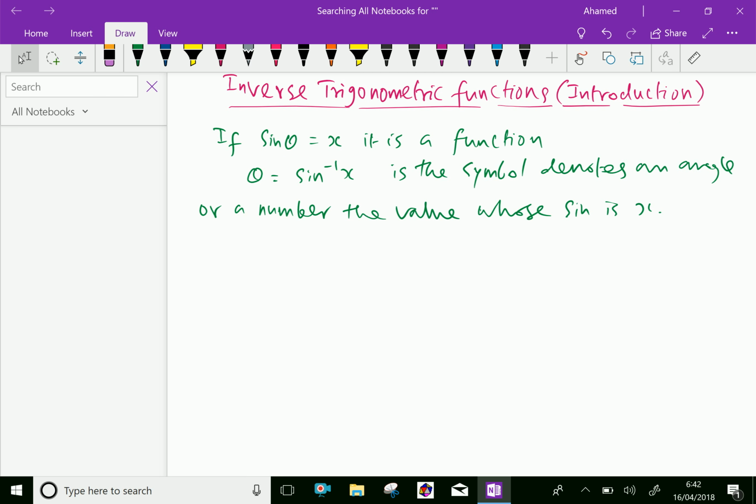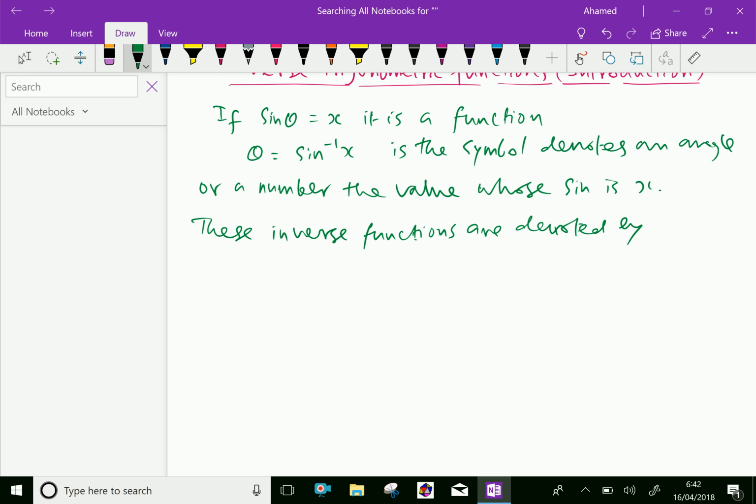Now, these inverse functions are denoted by, suppose here we express theta equal sine inverse x, or we can write arc sine x.